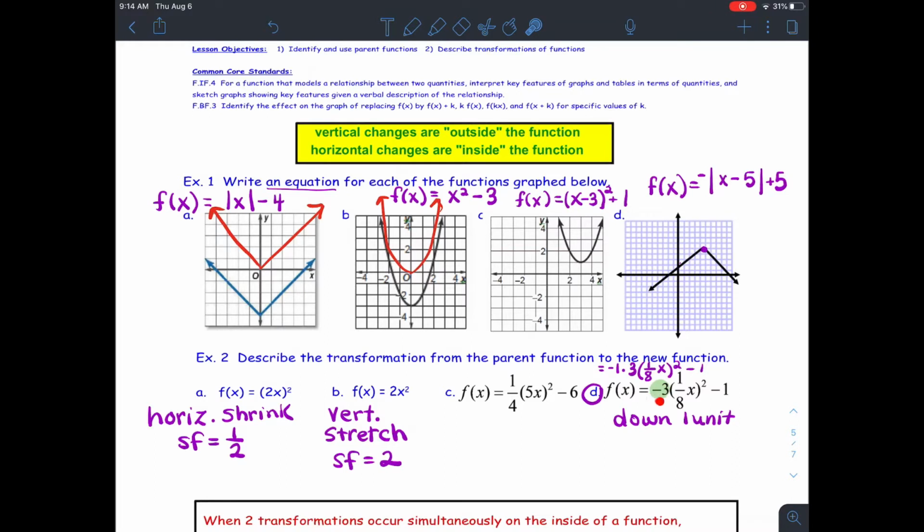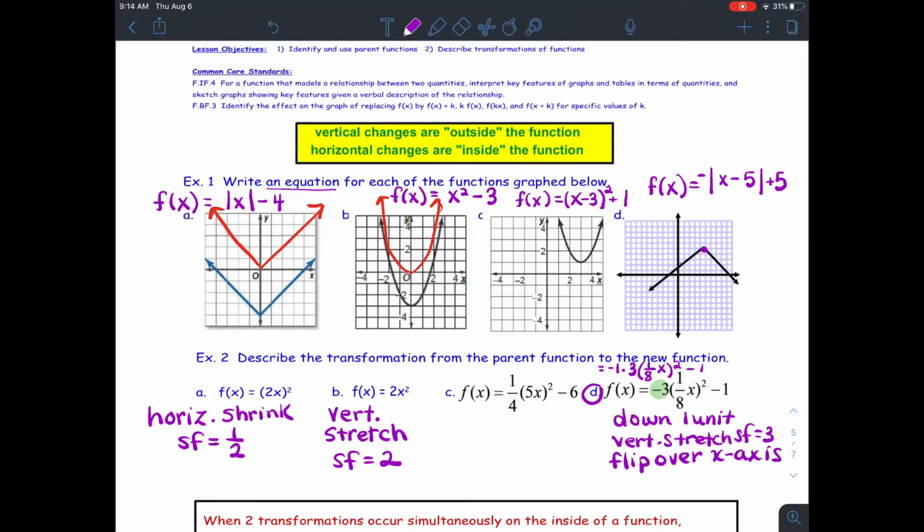You should never say that you're having a vertical stretch or a vertical shrink and then say that the shrink or stretch factor is a negative factor. Those are always positives. So that 3, I'm viewing it as a +3, and I'm calling it a vertical stretch, and my stretch factor is going to be 3.